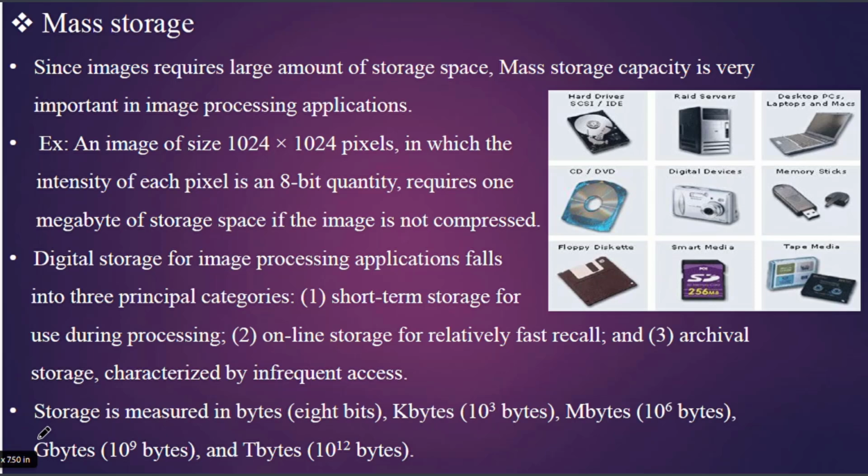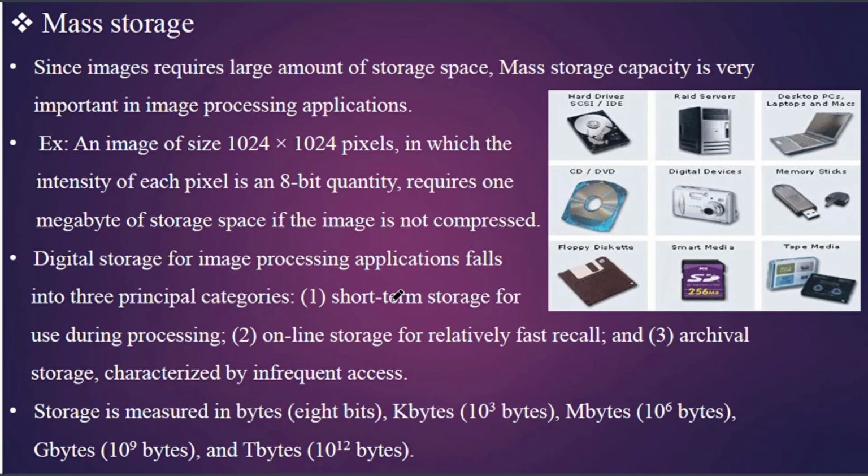If one image occupies this much space, then imagine if you are handling many images, how much space is required. That is the reason mass storage capacity is very important in image processing applications. This storage is divided into three principal categories: short-term storage for use during processing, online storage for relatively fast recall, and archival storage characterized by infrequent access.